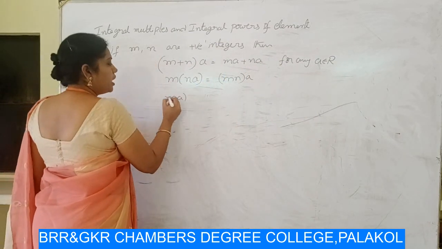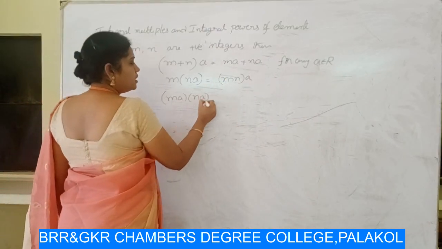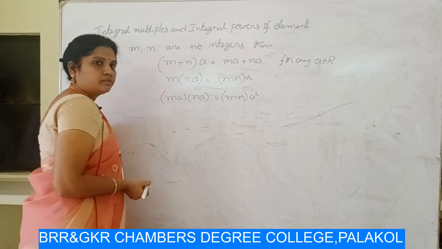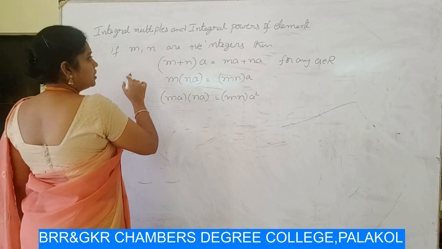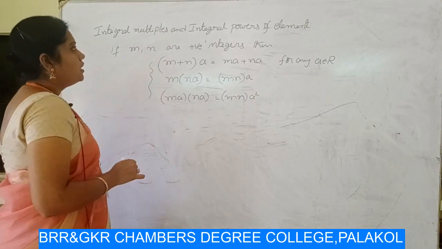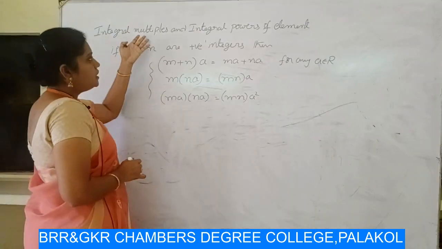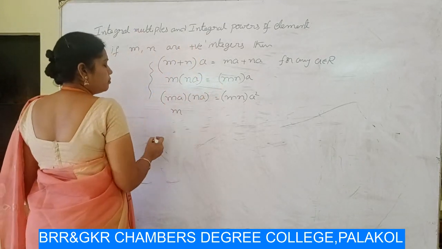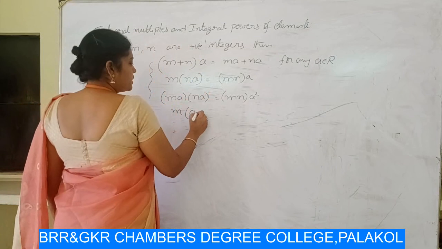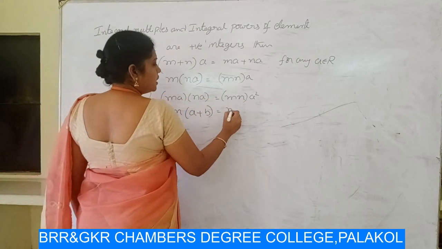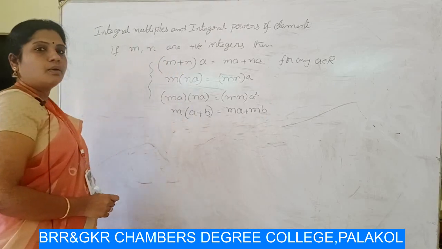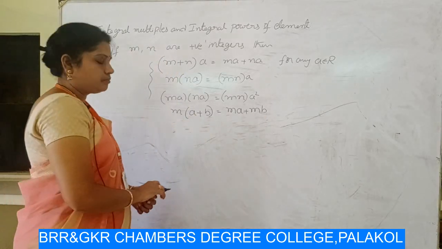And also ma into na is mn a square. So these are the properties of integral multiples of elements in a ring R. And also we have one more, m into a plus b is ma plus mb for any a, b belongs to R.